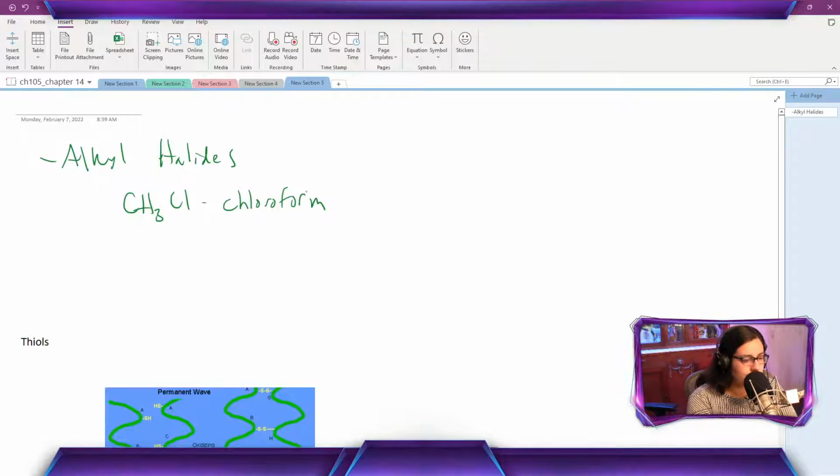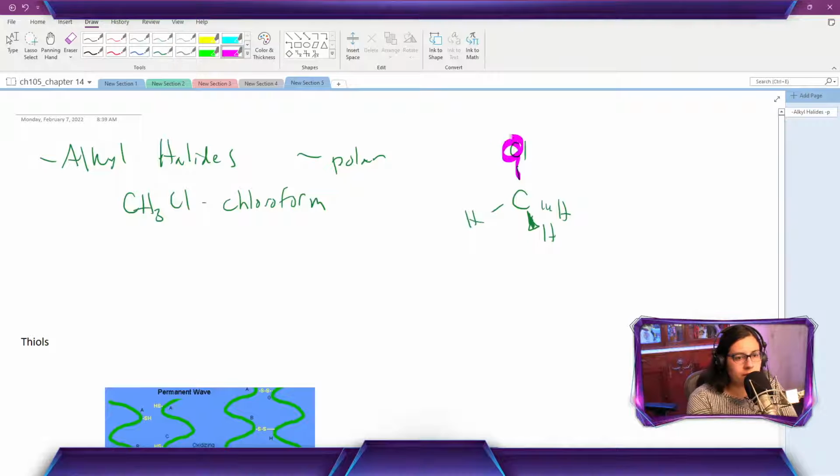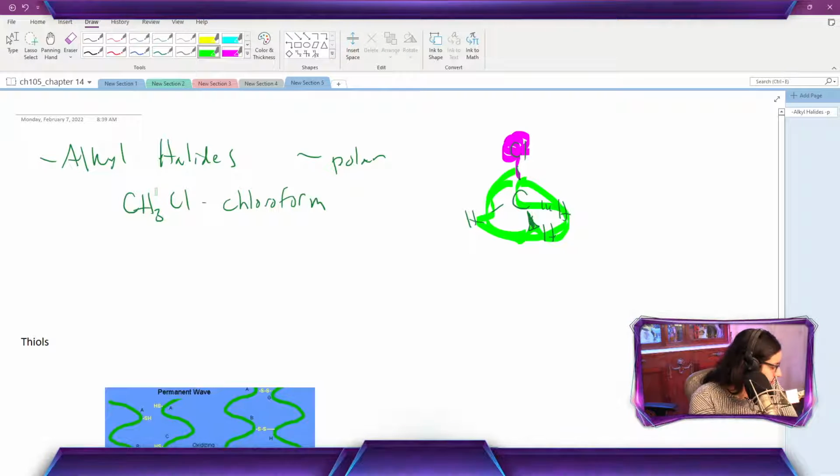So this is chloroform. And the other thing is many of these are going to be polar. So if you draw it out, this is polar. So this side's going to be more electronegative. This is more electropositive on this side.